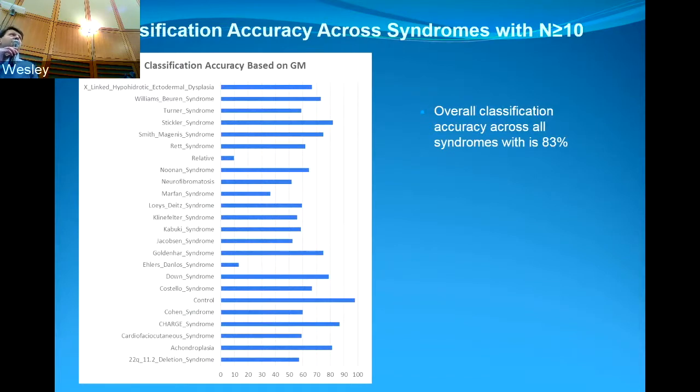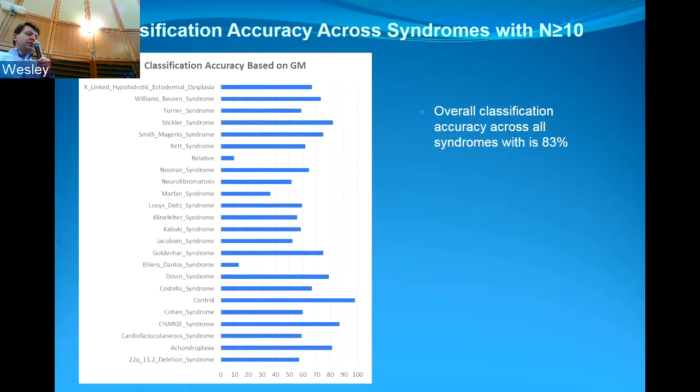And if you look at the syndromes that you're able to classify here, some of them may not be surprising. I was initially quite concerned, for example, that we had a hard time distinguishing relatives, who are unaffected controls that have a patient in the database, until I realized that of course not, because we have 2,500 controls from the Pittsburgh data, and it would be a bad thing actually if the relatives were different from the controls.